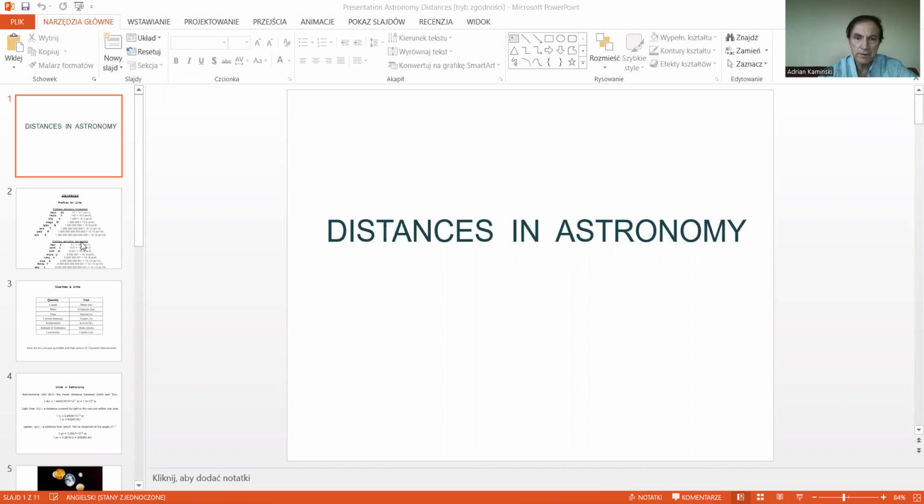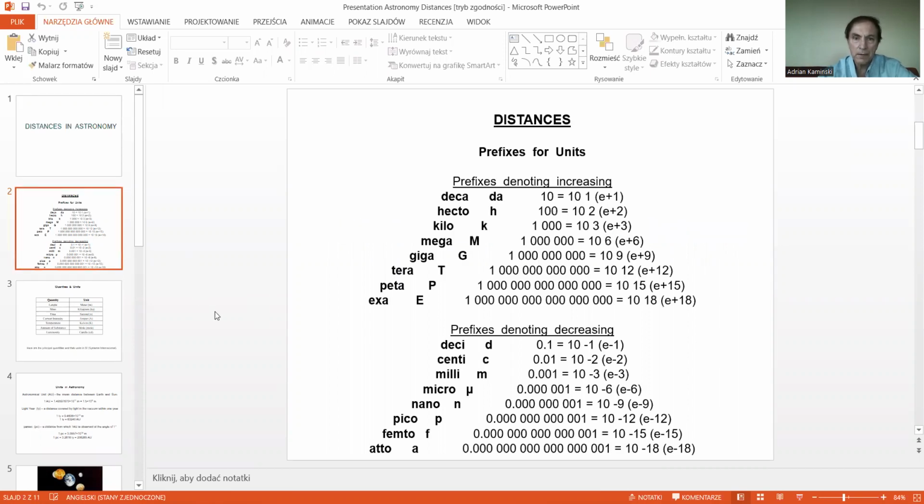If we are speaking about distances in astronomy, definitely the distances are very big. That's why we are using some prefixes which denote something larger, for example, deca, symbol DA, which means 10 times greater; hecto, symbol H, 100 times greater; kilo, symbol K, 1000 times greater; mega, symbol M, 1 million times greater; giga, 1 billion, and so on, tera, peta, exa.